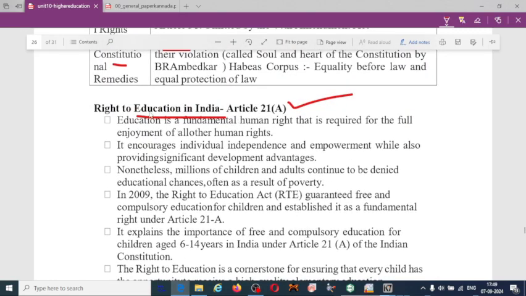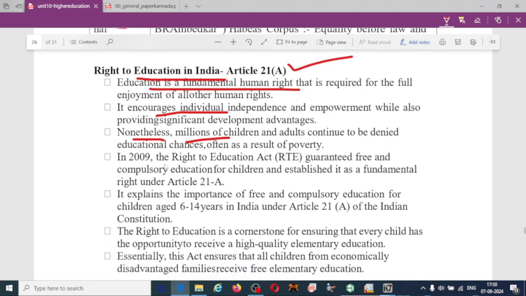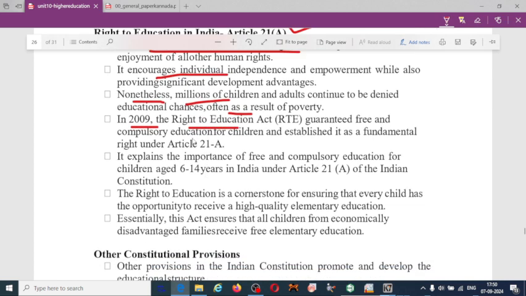Education: if you take the right to education, education is a fundamental human right. It encourages the individual. Nonetheless, millions of children and adults continue to be denied educational chances, often as a result of poverty. The 2009 Right to Education Act guaranteed free and compulsory education.